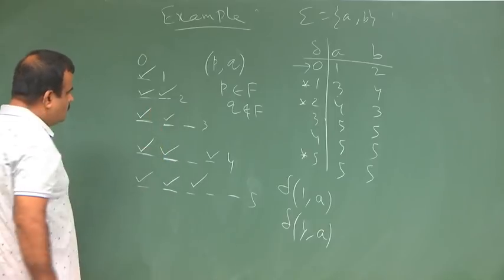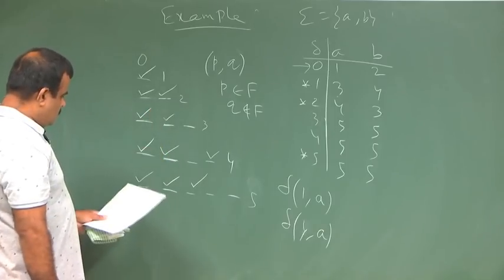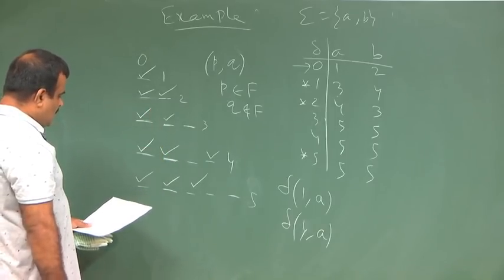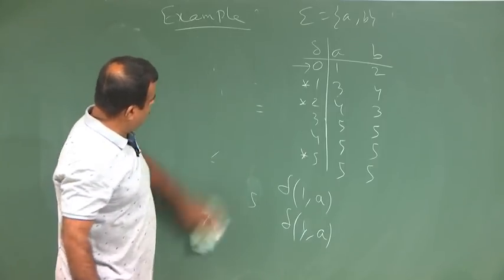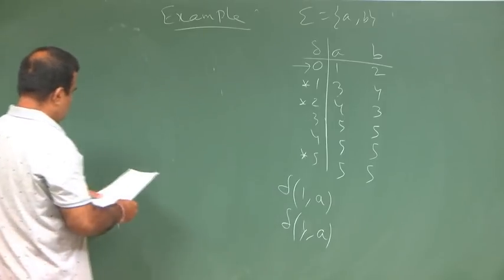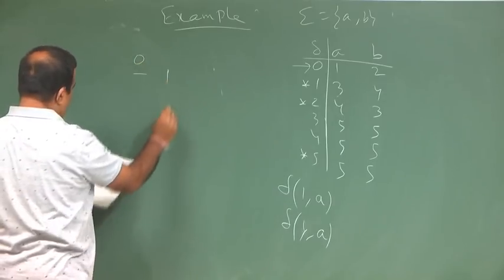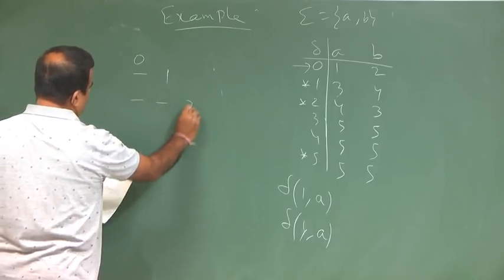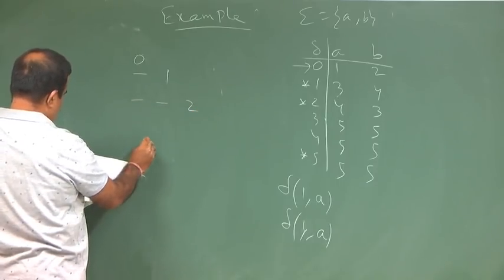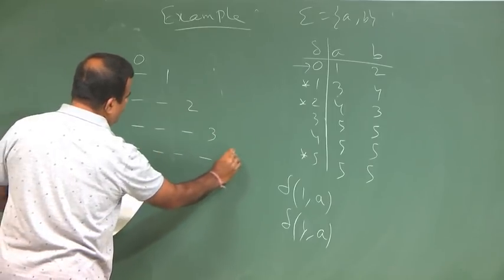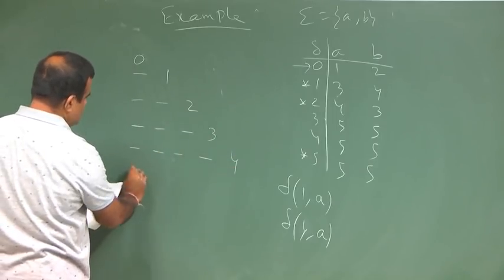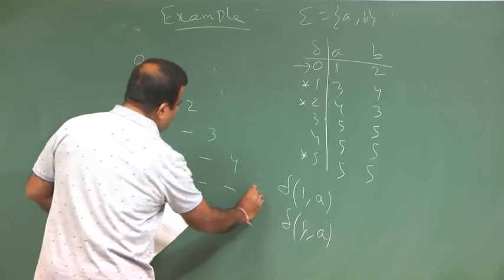So, if you continue like this, ultimately we will see this is the final table, we can just write the final table over here. So, this is 0, 1, 2 and 3, 4, 5.